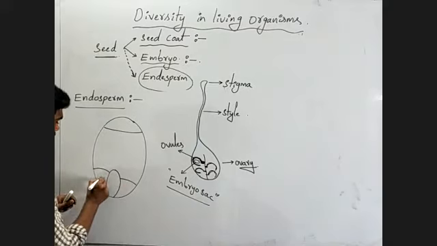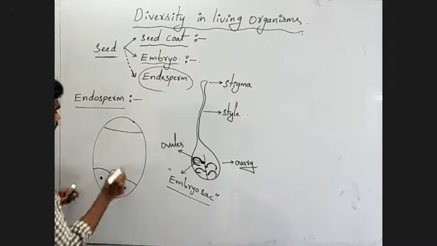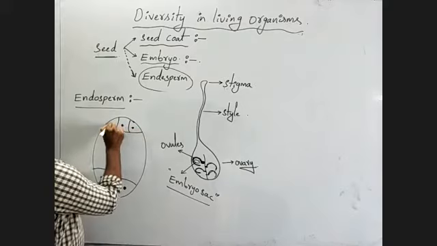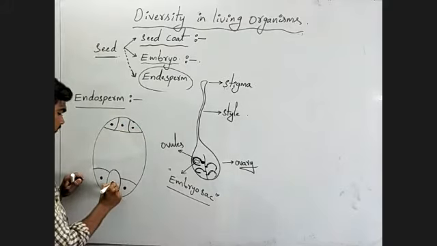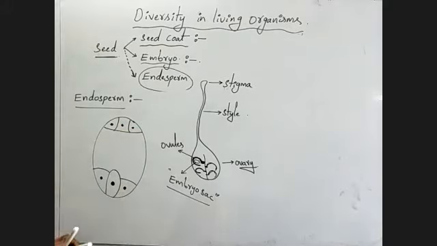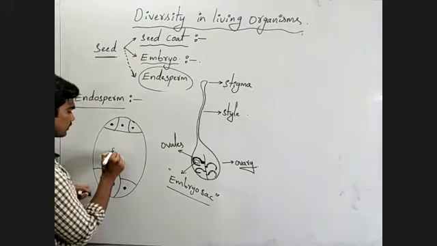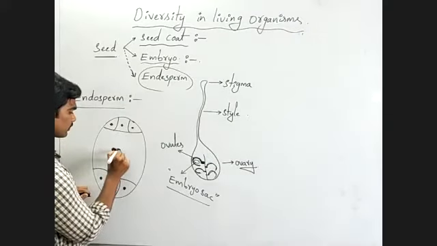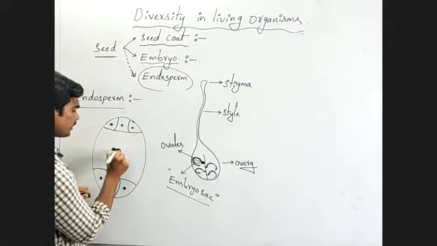These are synergids, antipodals, egg. Next here, the central cell with two nuclei.